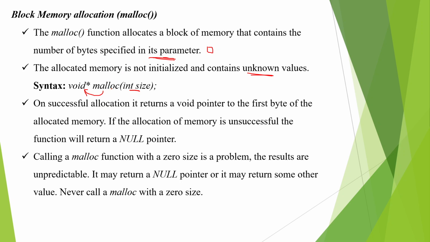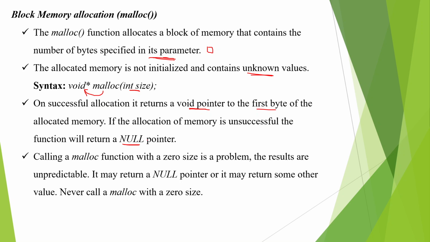Maybe there is a possibility. Assume that your heap is full and you are calling the malloc function, what will happen? Malloc will fail. Memory allocation will fail. On successful allocation, it returns the void pointer, a generic pointer to the first byte of the allocated memory. On failure, that is on unsuccessful allocation, it will return a null pointer.